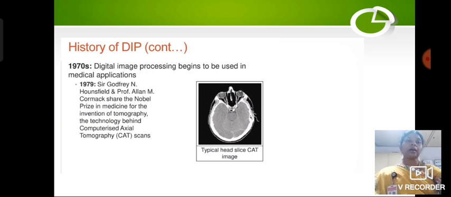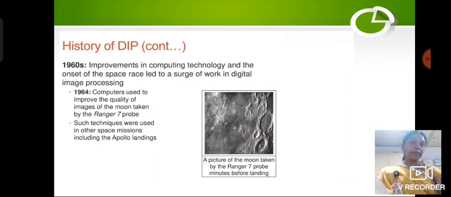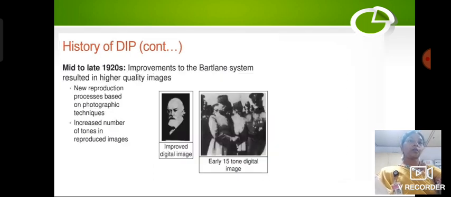Here image processing is used on the medical side to take scans. This is a CAT type of scan, that is tomography images. When you compare with the previous images, you can understand the quality of the images.